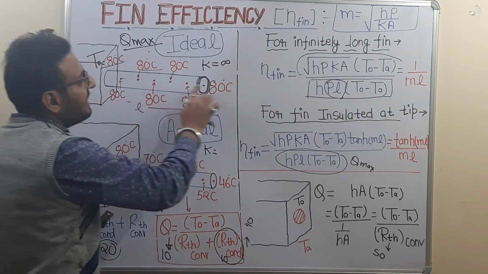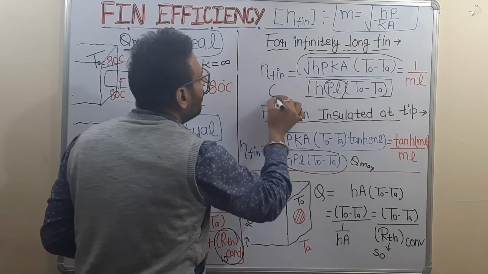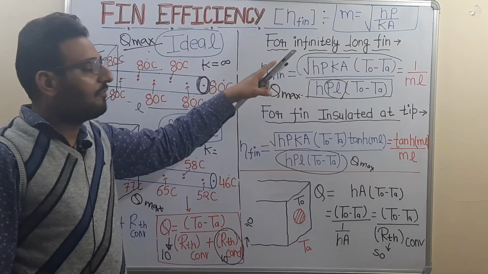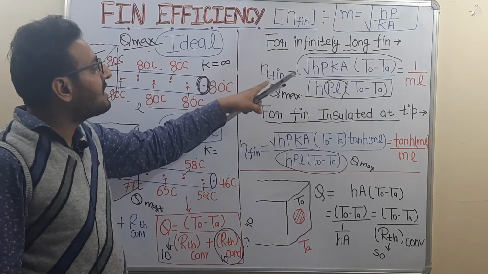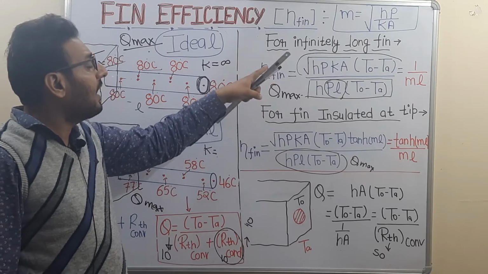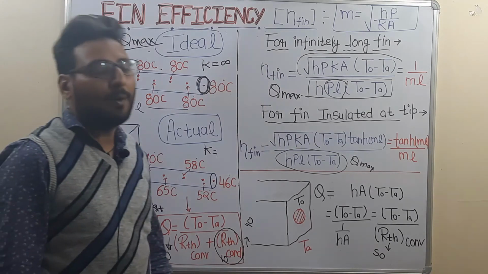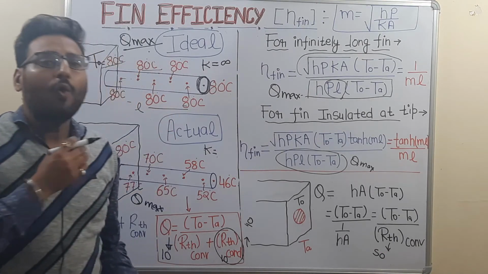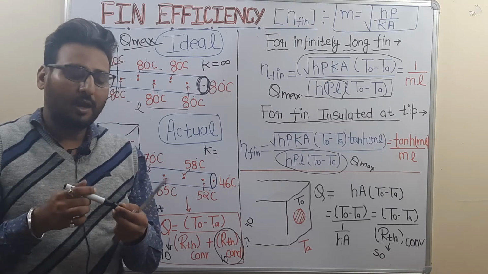So the heat transfer rate is given by hA delta T, which is Q maximum. After simplifying this expression, we get the expression for fin efficiency in case of an infinitely long fin as 1 upon mL.